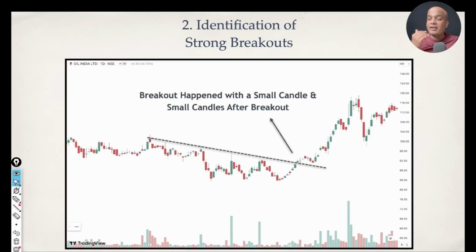If the buying power is really strong, it would have resulted in big candles, right? So what small candles indicate is a lack of buying power or buying intention even after the price breaks the resistance trend line. So what this indicates is there is a high possibility of price giving a mediocre breakout on the upside.